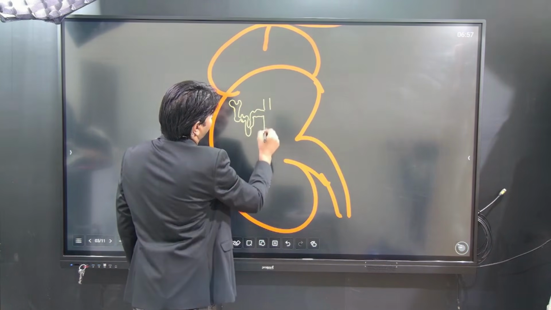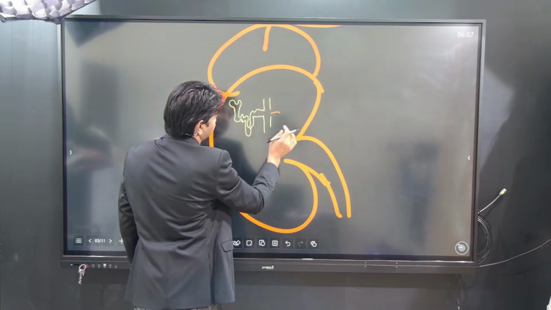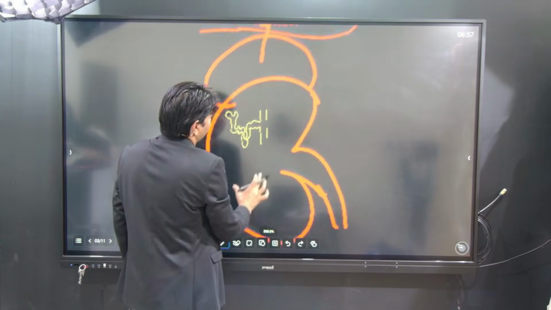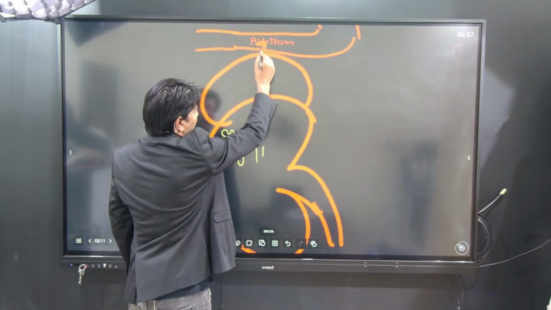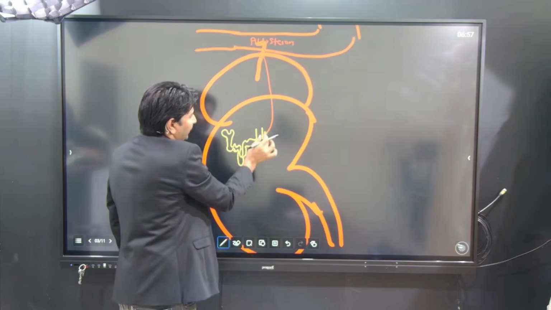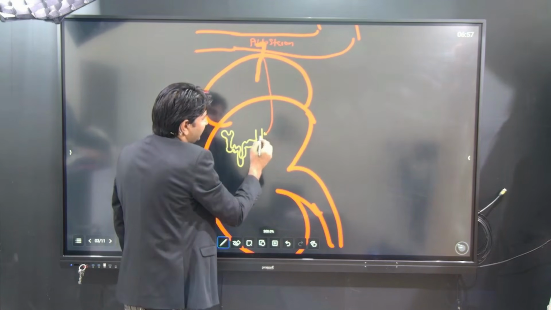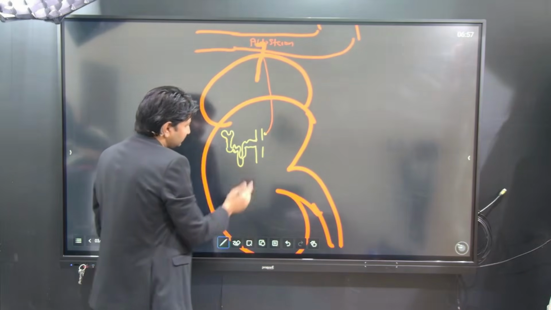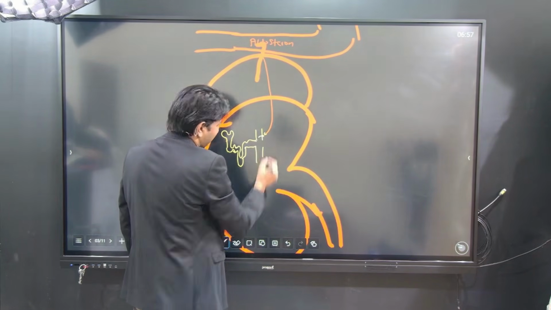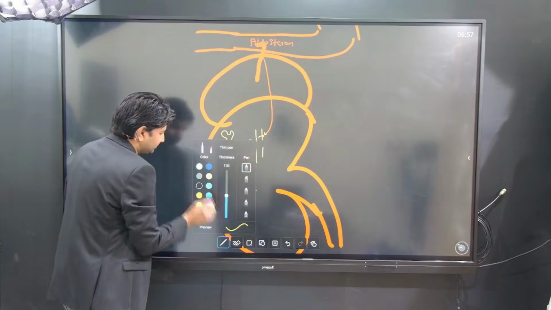That aldosterone will reach here at the DCT and collecting duct. And now it will increase the reabsorption of sodium into the blood capillaries.